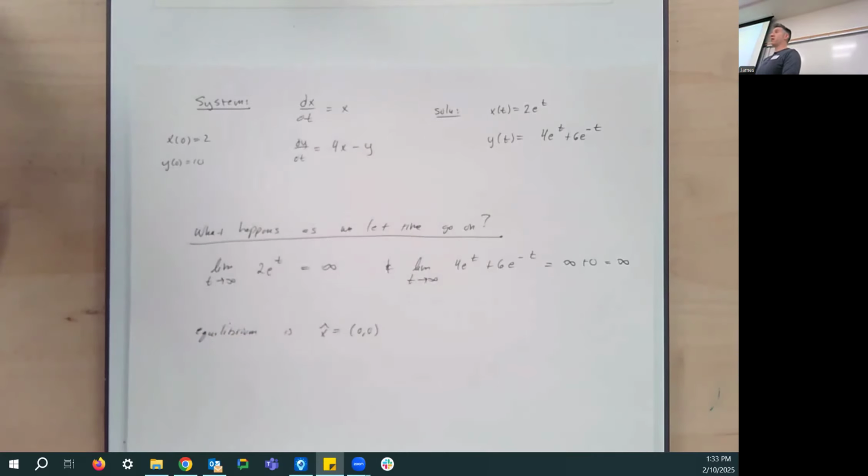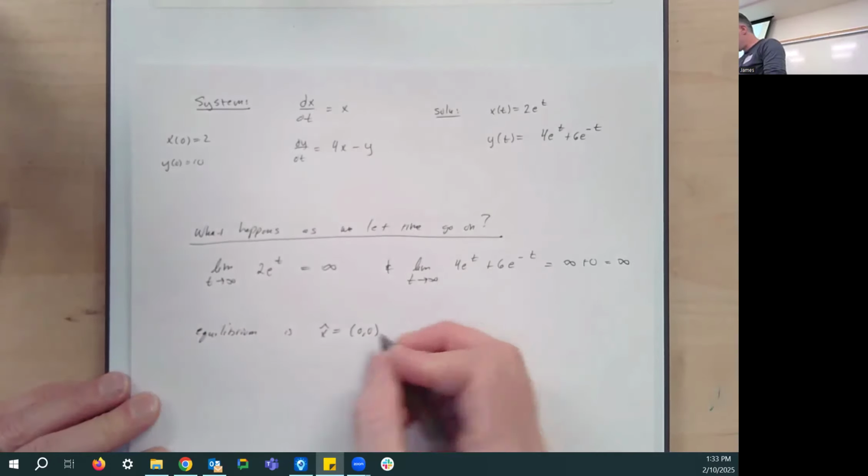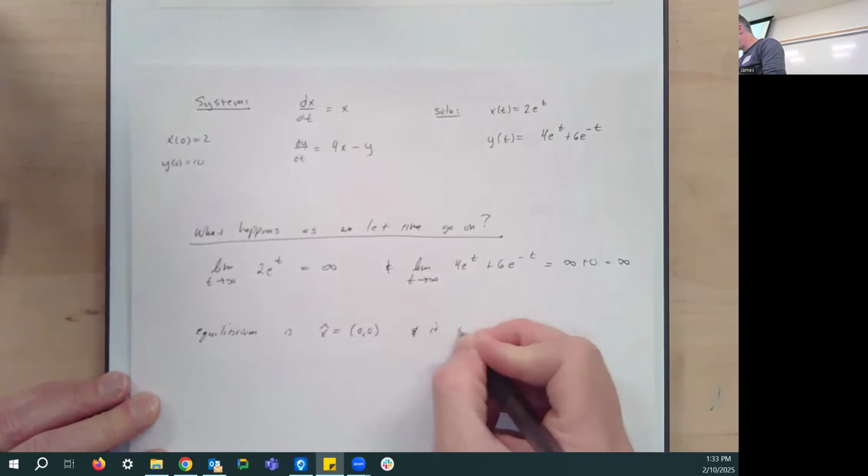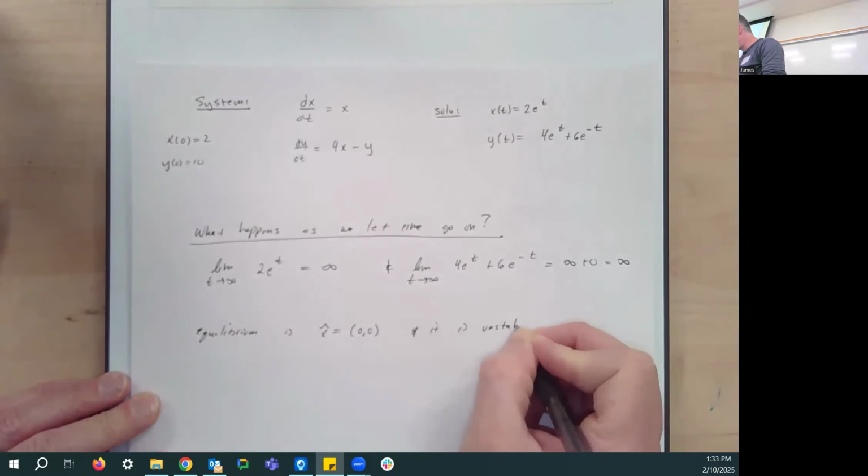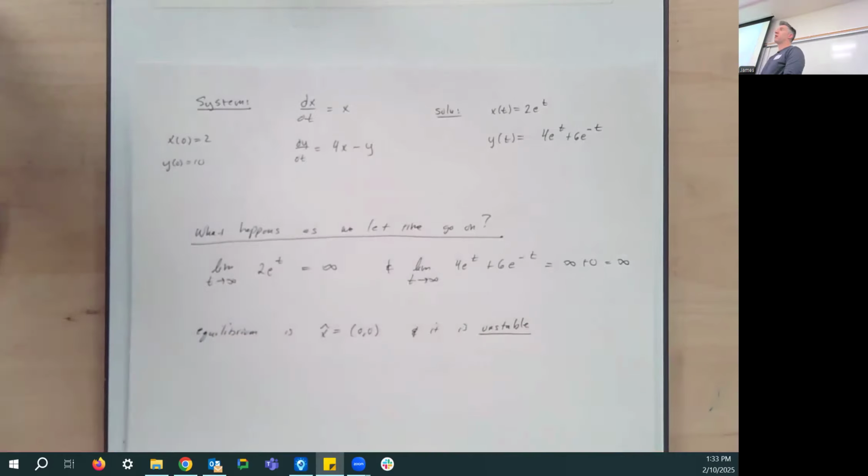If we move even a little bit away from them, our arrows are going to point outwards away from the origin. I will point out specifically this type of instability is called a saddle. And we will know it's a saddle because one of our eigenvalues is positive and one is negative. If you get two real eigenvalues of different signs, it's a saddle.